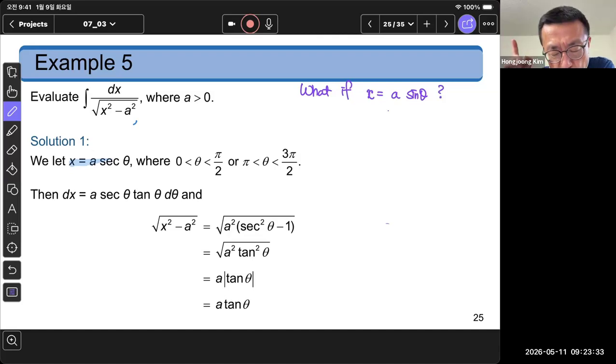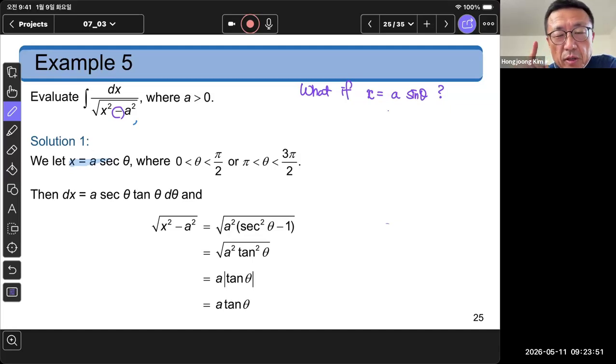Some students just focus on this negative sign, and when they see it, they automatically introduce x equals a sine theta. But you shouldn't do that.